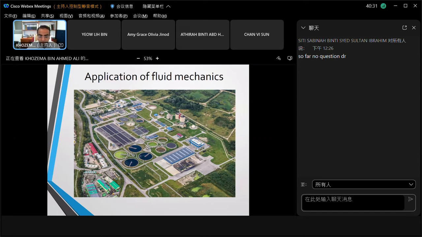This is an example of a wastewater treatment plant, an aerial view of a wastewater treatment plant. You will have a lot of different types of systems or unit operations. You can have this kind of pond, and then you have these kinds of facilities.